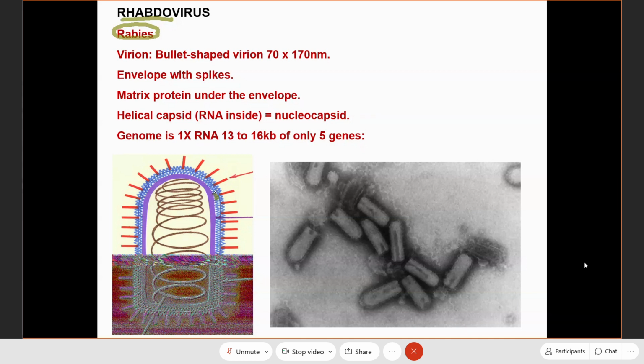This is what we call matrix protein. Many viruses have this, another layer under the envelope, a part of the envelope. And then the helical capsid. Yes, you can see that it is helical. And the genome has one single-stranded RNA, 13 to 16 kilobases, with only 5 genes. Kilobase means 16,000 ATCG and so on. So it is not a big virus.